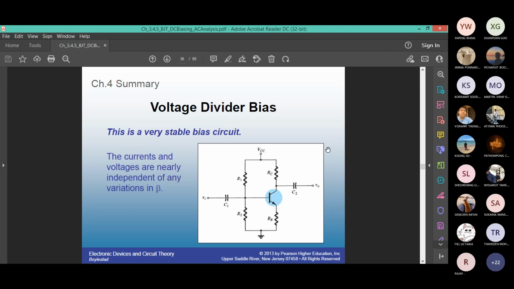Okay, I've returned to my desk. Can you see voltage divider bias on your screen?